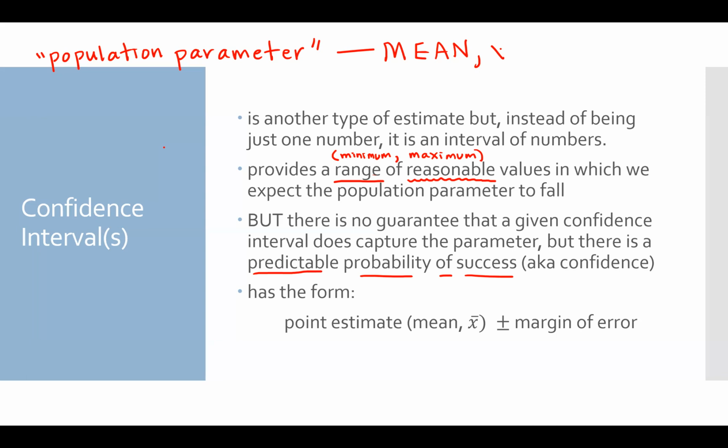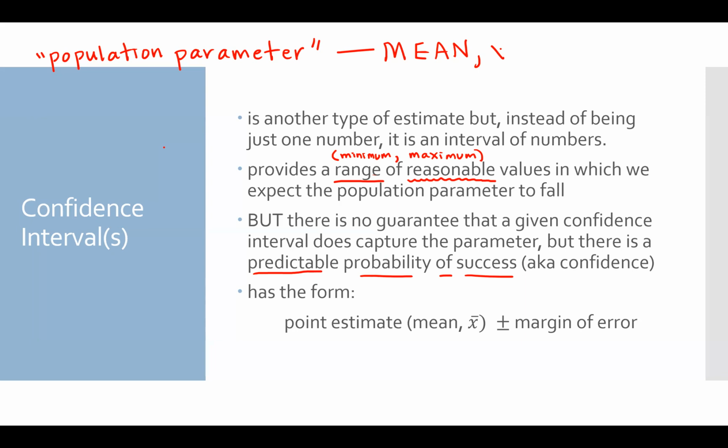We can talk about how confident we are that we've got the right target, so to speak. That predictable probability of success is called the confidence. How confident are you that you're correct, basically, is what it boils down to.